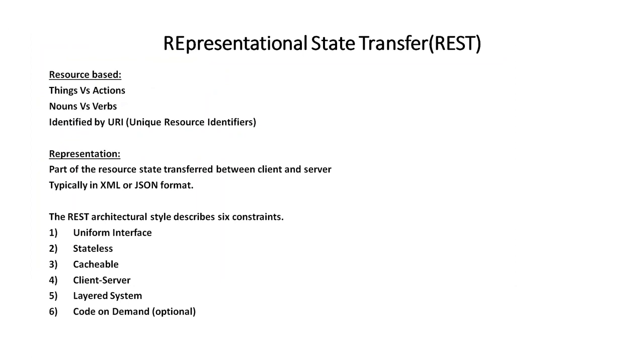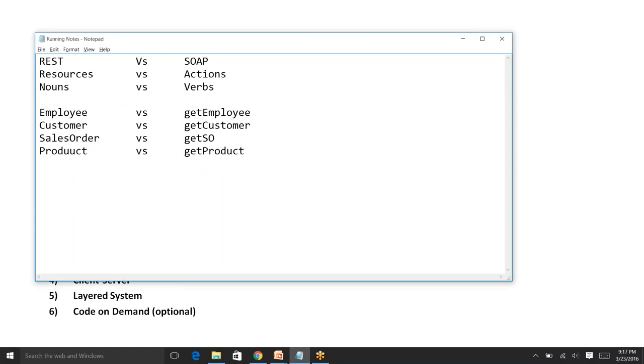I will show you an example, but just for theory purposes, everything that we see in a RESTful API is a resource, and these resources are uniquely identified by URIs. URI means uniform resource identifier.